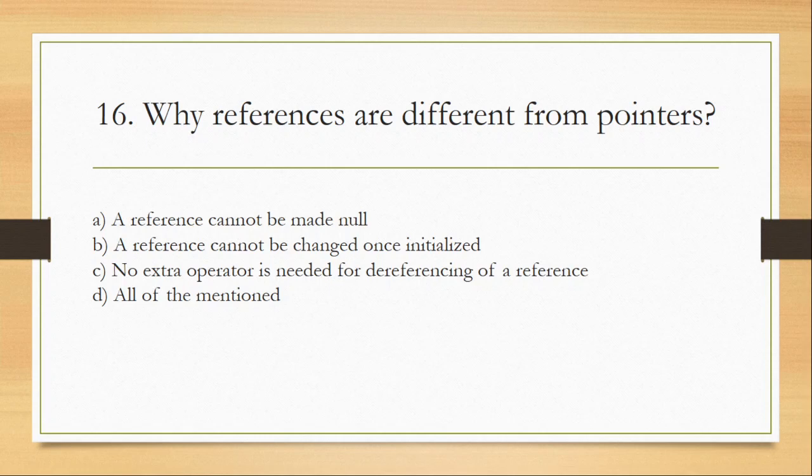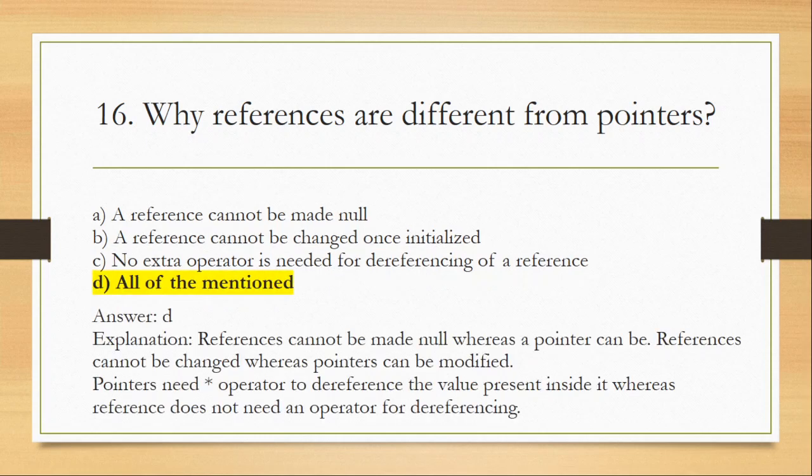Why are references different from pointers? A reference cannot be made null. A reference cannot be changed once initialized. No extra operator is needed for dereferencing of a reference. All of the mentioned.